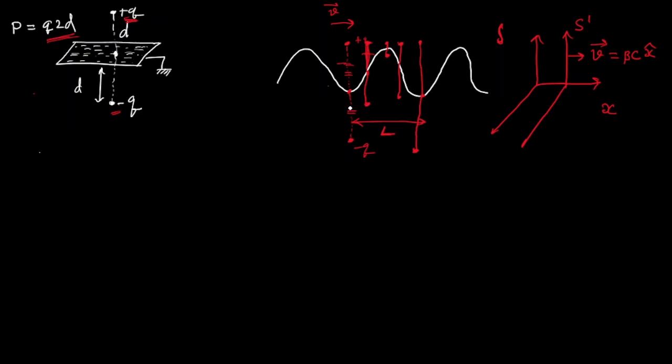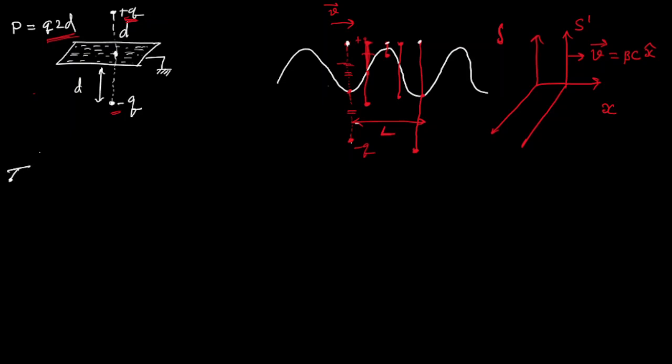You can see that when the charged particle is at this position, the dipole is maximum, then it reduces to almost zero at this position, and again it is maximum at this position. So from here to here, this completes one oscillation of the dipole. Once we calculate how much time the particle takes to travel from this point to this point, that will be the time period of the oscillation in the S frame.